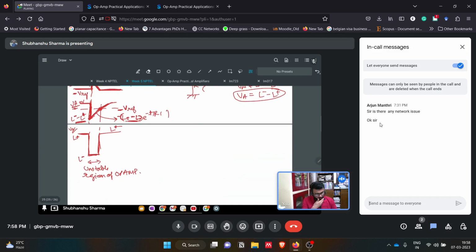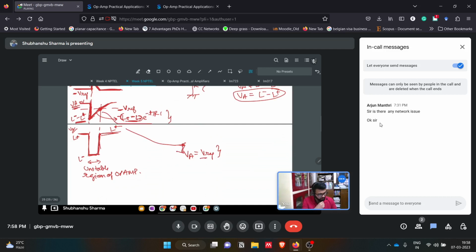Based on this equation, we can solve by setting VA equal to Vref. This is the point where the transition happens. When VA becomes equal to Vref, only then does the output voltage transition from L minus to L plus.